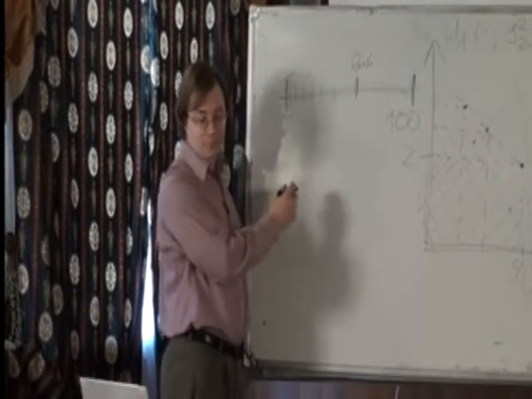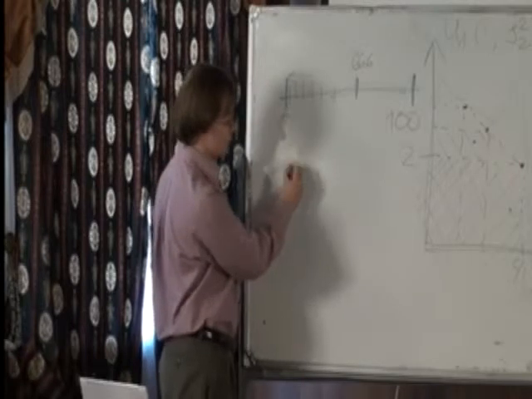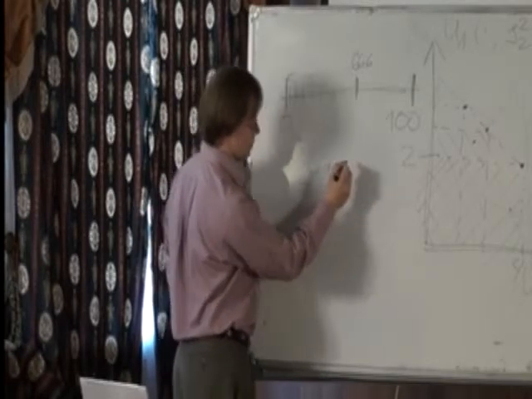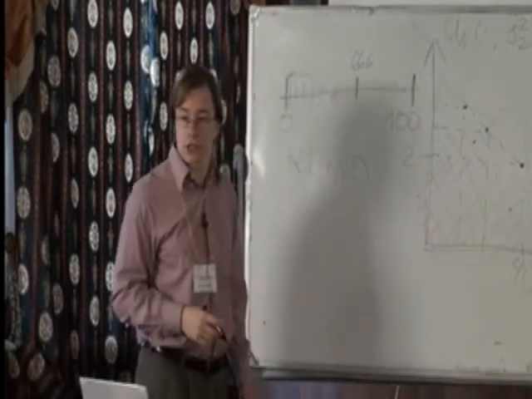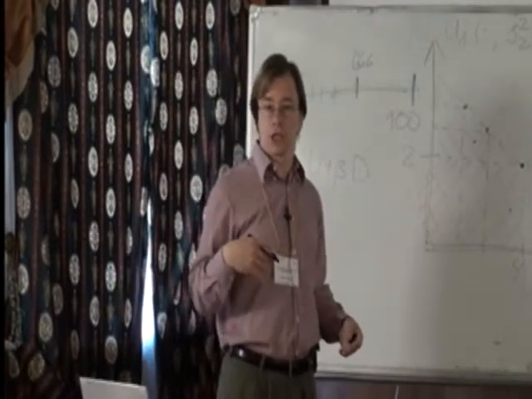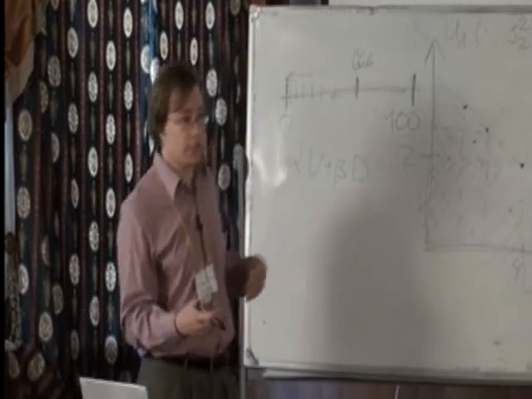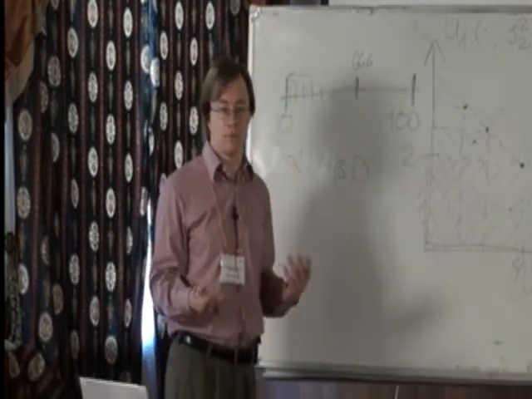player 1 plays a strategy up with probability alpha and strategy down with probability beta. Alpha plus beta is obviously 1.